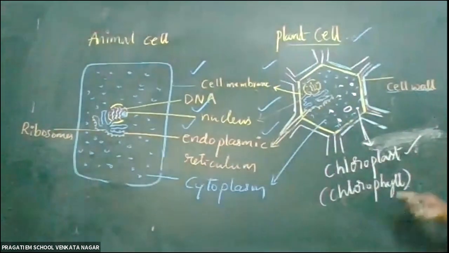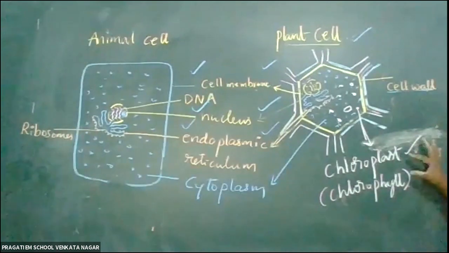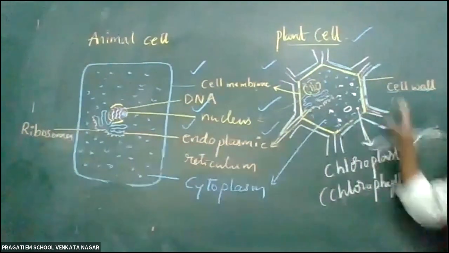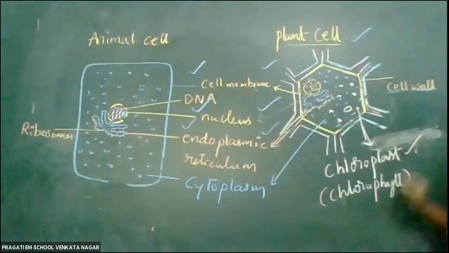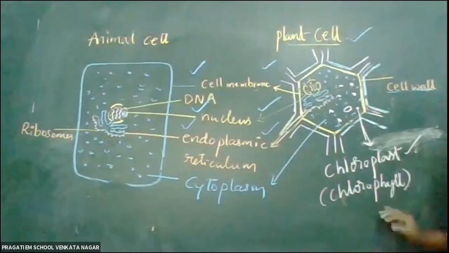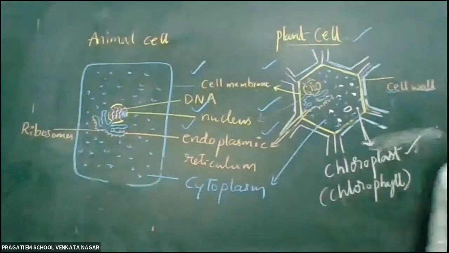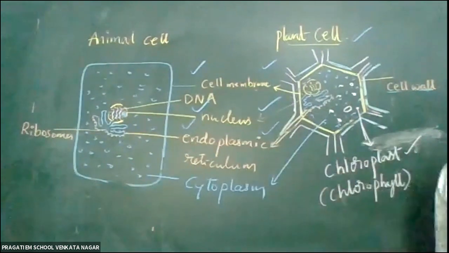So now we discussed two differences here. Cell wall and chloroplast are the structures present only in plant cells. These two cell organelles are absent in animal cells.